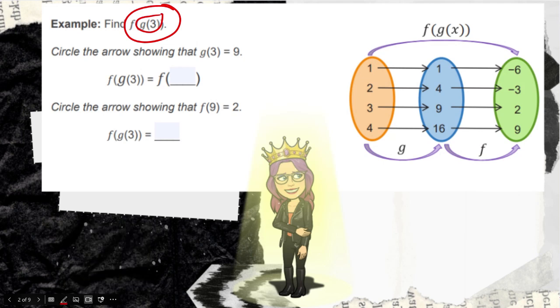It says we are to find g of 3 equals 9 right here. So we're going to put 9 here, because g(3) is right here and g(3) equals 9, so 9 goes right here.